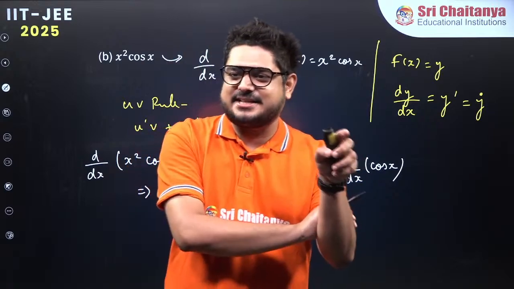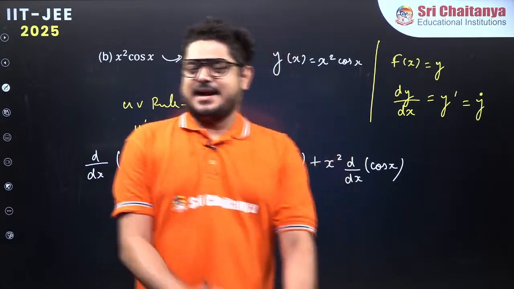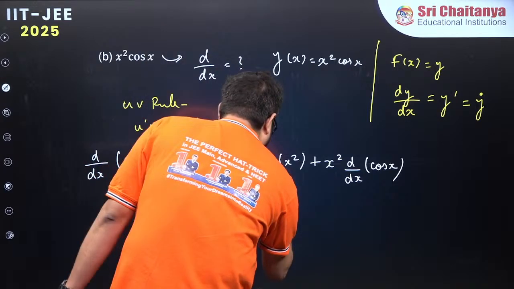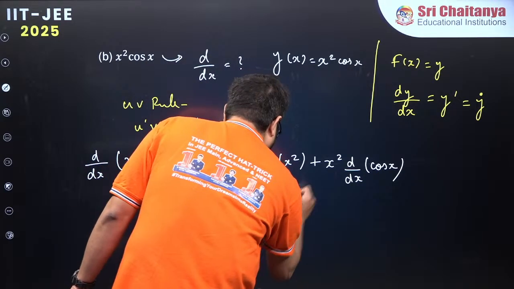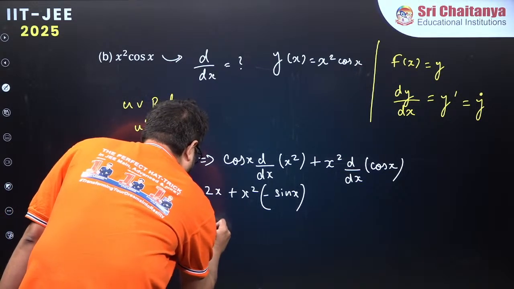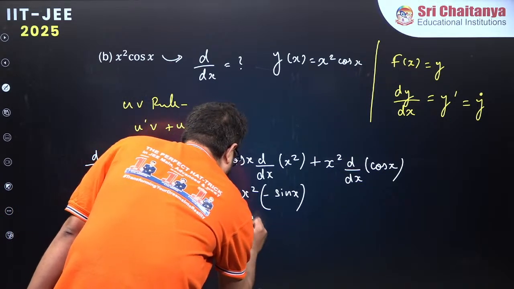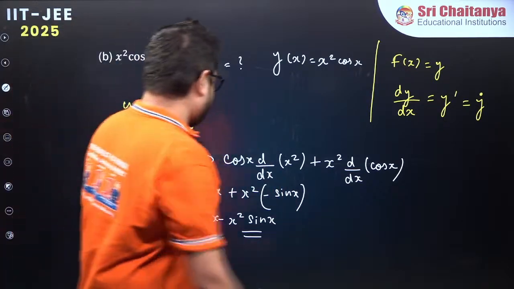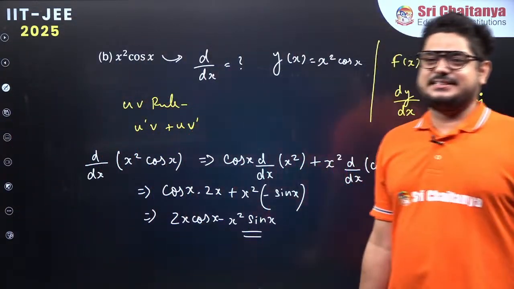Yes, minus sin x, everyone. Exactly, absolutely right. So we can write it as minus of sin x. As a result, it is going to be 2x cos x minus x square sin x. Absolutely correct. I hope everyone is getting this answer. This is the answer, everyone.